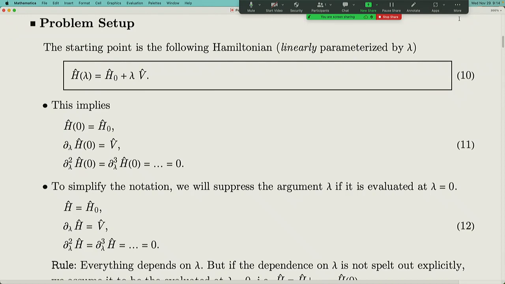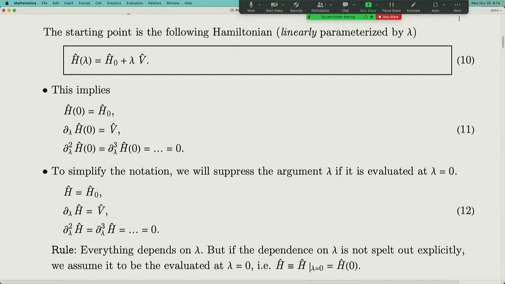So the Hamiltonian as an operator only depends on lambda to the first order, and the derivative has a truncation: it doesn't have higher order derivatives. But that doesn't imply that the eigenenergy and eigenstate also have that same truncation. In fact, the eigenenergy and eigenstate generally have all orders of derivative with respect to lambda, even though the Hamiltonian only depends on lambda linearly, okay?